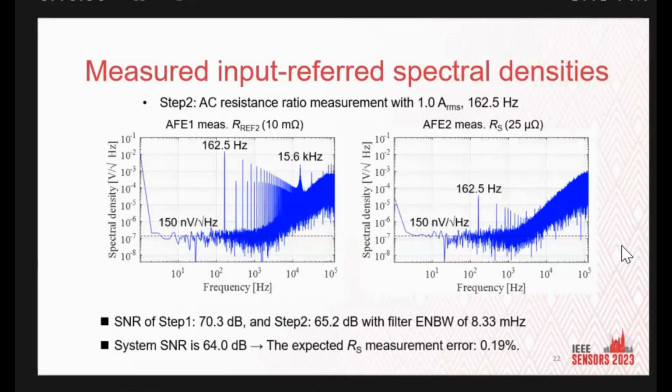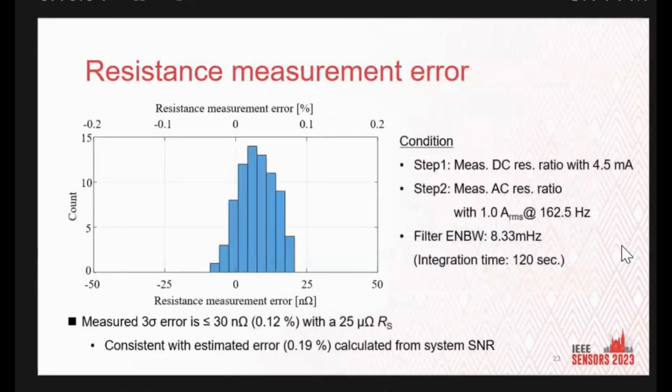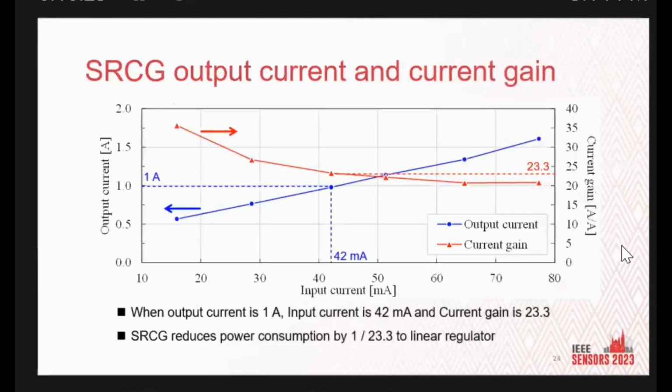Next, let me show you the measured shunt resistance error. Here is the histogram of the shunt resistance measurement error with this condition. The measured 3 sigma error is 30 nanoohm or less with a 25 microohm shunt resistor. It is consistent with the estimated error calculated from the system SNR, as I mentioned.